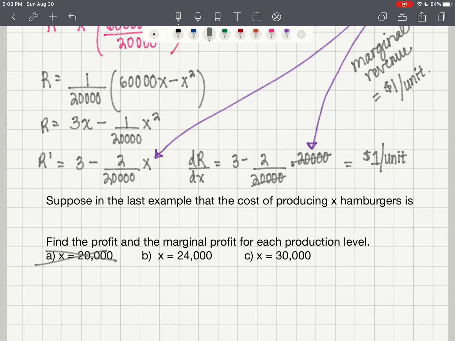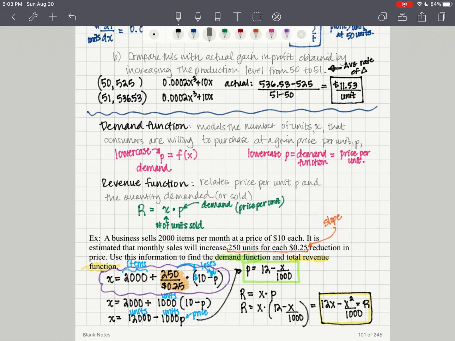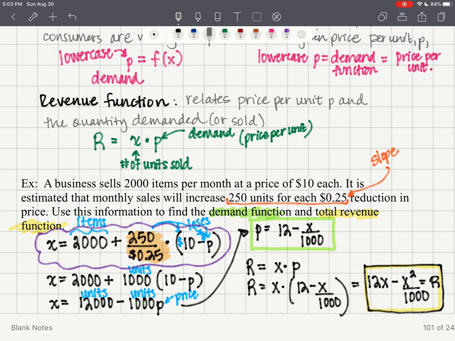We're ready to do more derivatives. So what I'm going to do is come back in the other video and explain that business with the 2,000 items, because I am sure that I stumped some of you. It's a simple linear equation with your slope. So I'm going to explain how I got that, so that you feel a little bit more comfortable with how you would do that on your own.